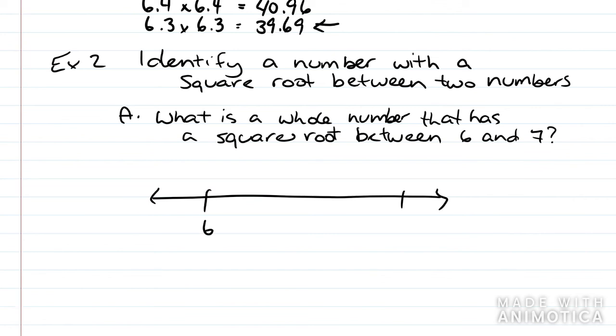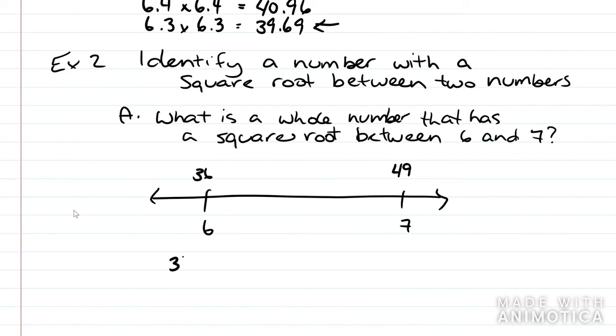We have 6 and 7, so what are the perfect squares for 6? The perfect square is 36. What's the perfect square for 7? 49. So what is a whole number that lays between these? Well, there's actually quite a few.